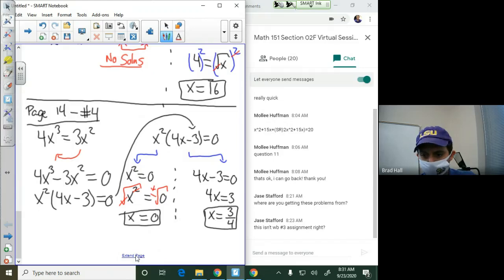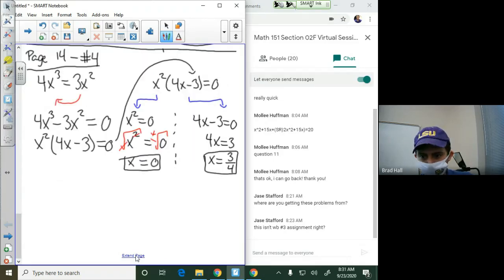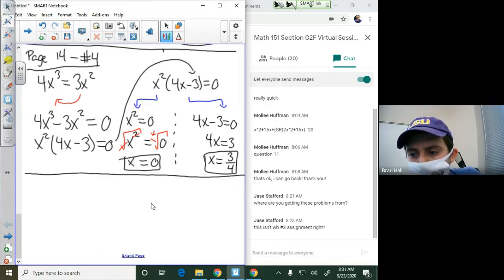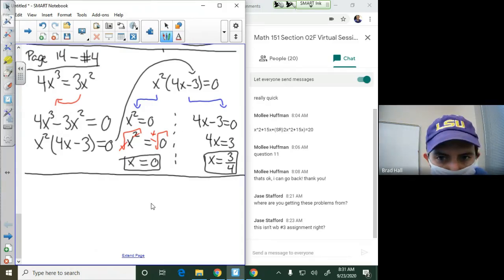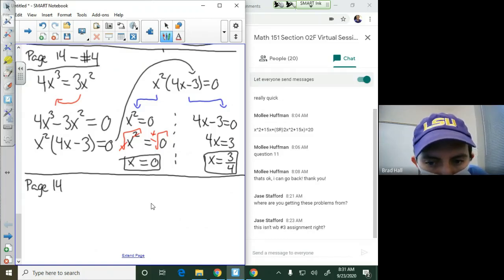And I suppose we only have one more left. So let me just go ahead and knock out that one as well. Page 14, number 5.